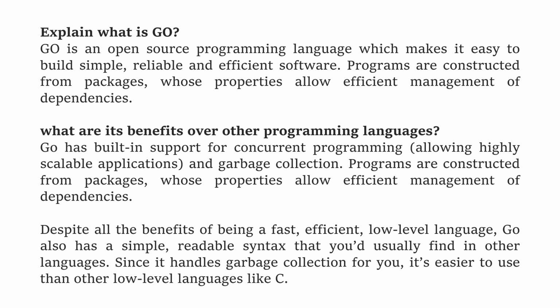Programs are constructed from packages whose properties allow efficient management of dependencies, and despite all other benefits of being a fast, efficient, low-level language, Go also has a simple, readable syntax that you usually find in other languages. And also, since it handles garbage collection for you, it is easier to use than other lower level languages like C.